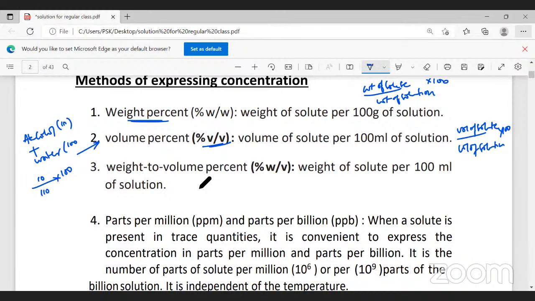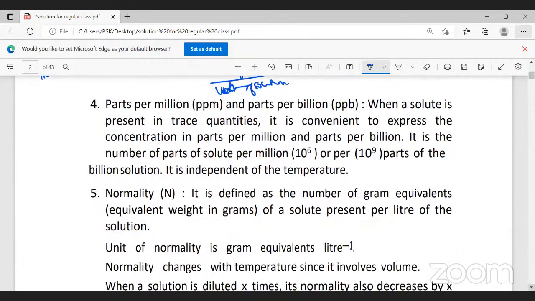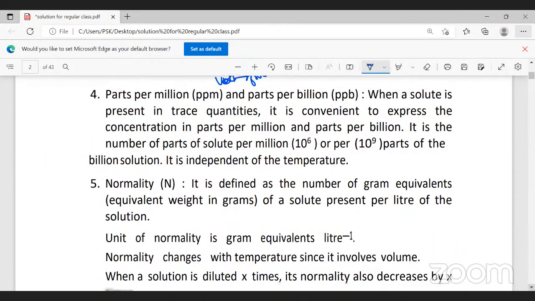It's clearly given: weight of solute divided by volume of solution into 100 gives you weight to volume percent. We have worked a lot of problems based on this.